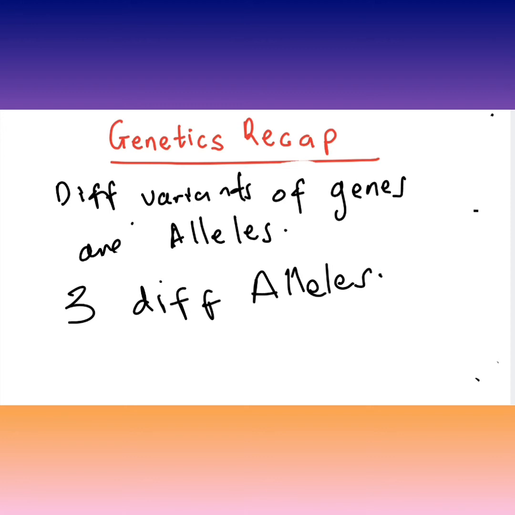So if we have three different alleles and we have a mother and father, each donating either A, B, or O to this developing embryo, how many different forms of genotypes can we have? How many pair combinations can we have?